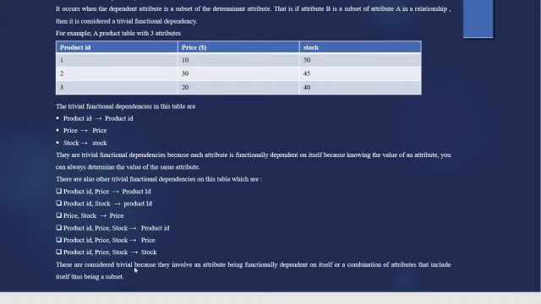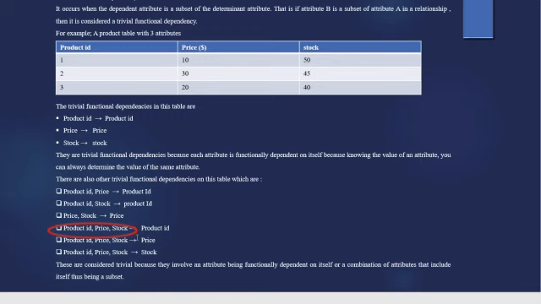These are considered trivial because they involve an attribute being functionally dependent on itself, or a combination of attributes that include itself, thus being a subset. Remember, in this example, in this group of attributes we have price, stock and product ID.